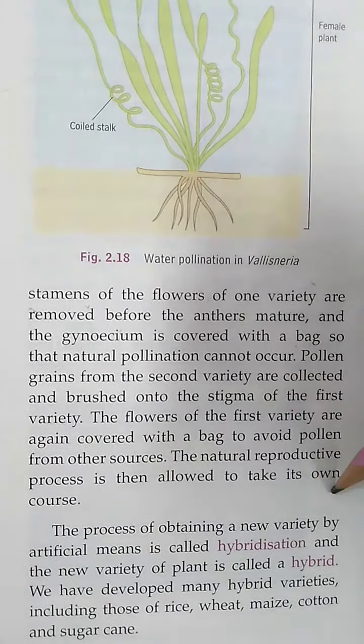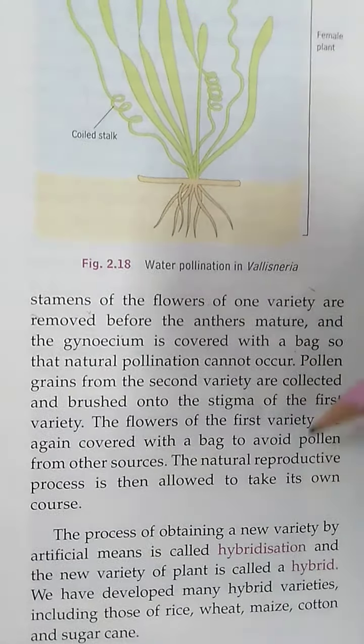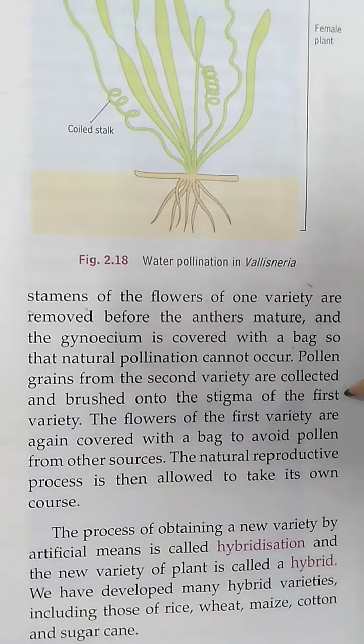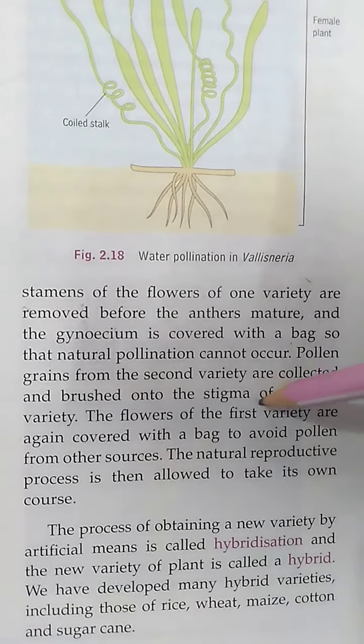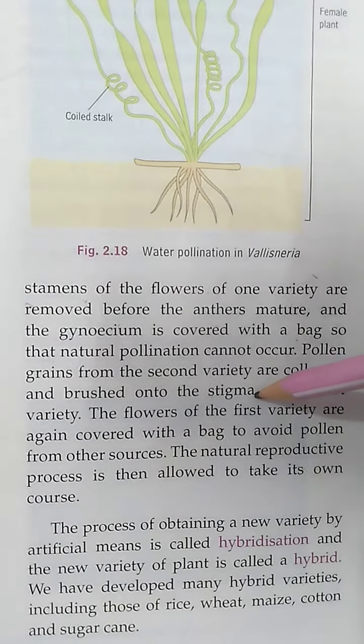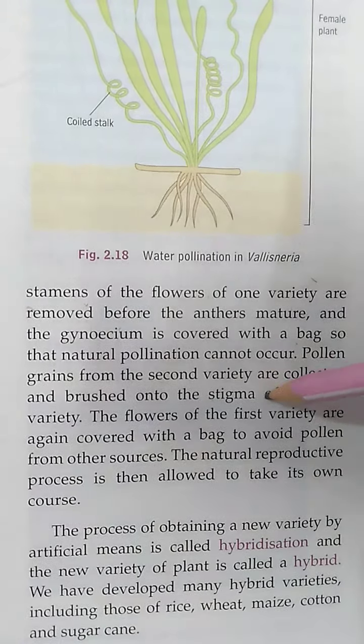When the pollen grains fall on the stigma of the desirable plant variety, the natural process of pollination will take place.